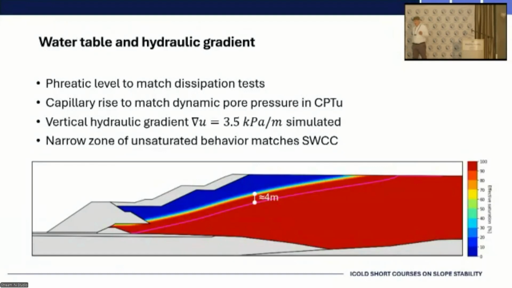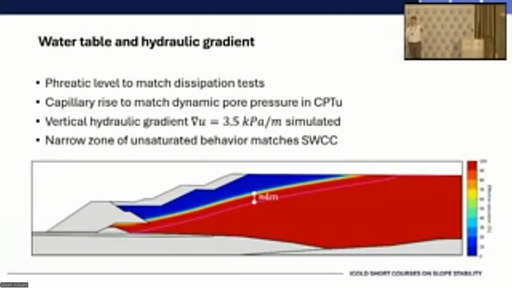And now the challenge: we have a vertical hydraulic gradient of 3.5 kilopascal per meter instead of 10. So in hydrostatic conditions, it would be a 10 kilopascal per meter vertical gradient. It's not the case. It is about 3, which means downwards flow as we speak. But at some point, we need to freeze that flow from happening to do all the undrained analysis, because if you have downwards flow, this flow is draining.